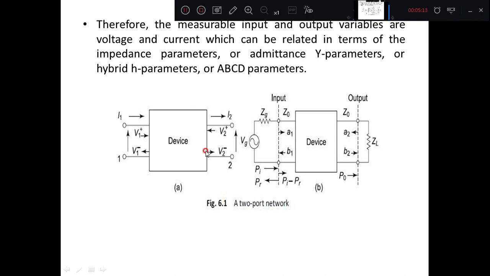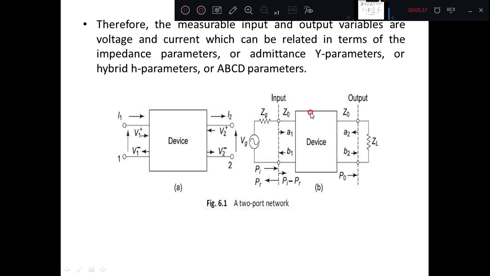You can see here we have a two-port device, with input current as well as voltage, and output voltage as well as current. With the help of these variables, we can define all four parameters.